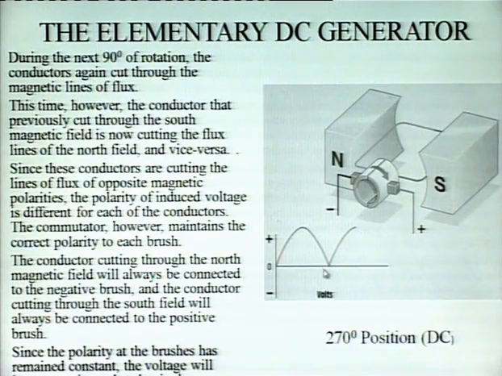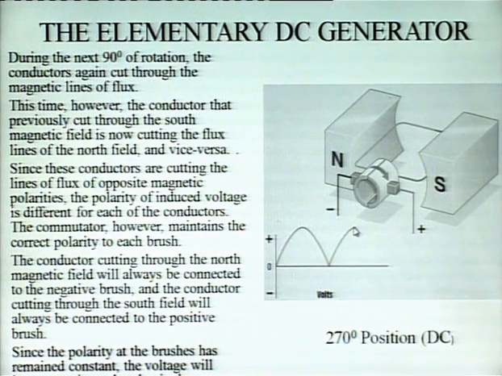Now after 270 degree in the AC generator, flux cutting increases in the negative direction, but with the help of the commutator we will reverse the direction of flux cutting and EMF induced. Now the EMF will be induced in the positive direction.